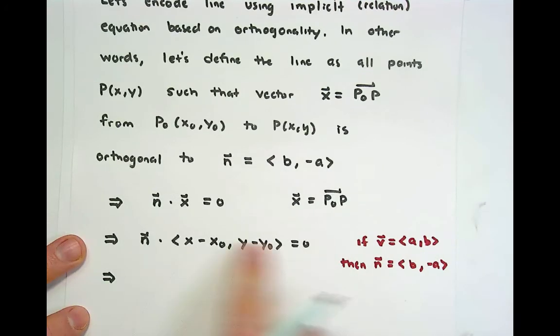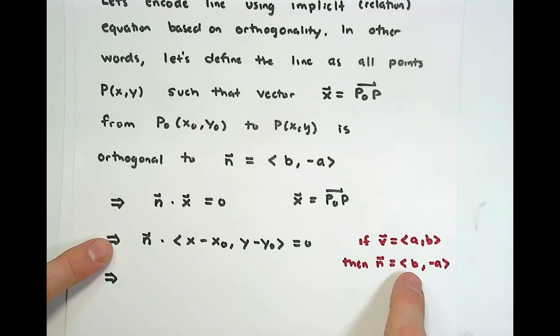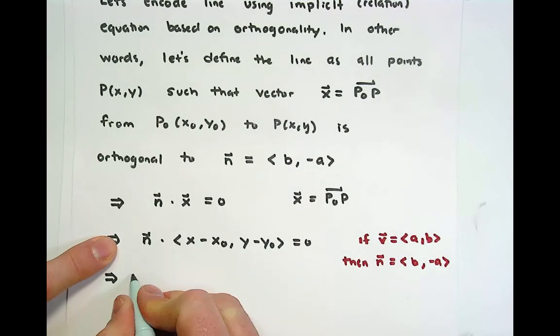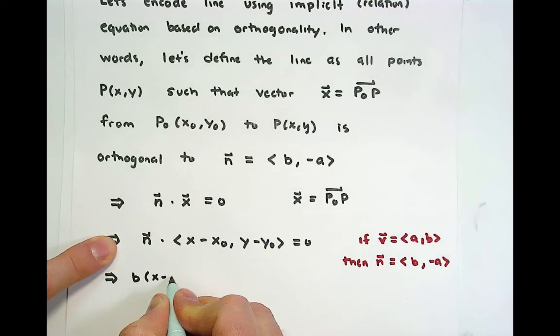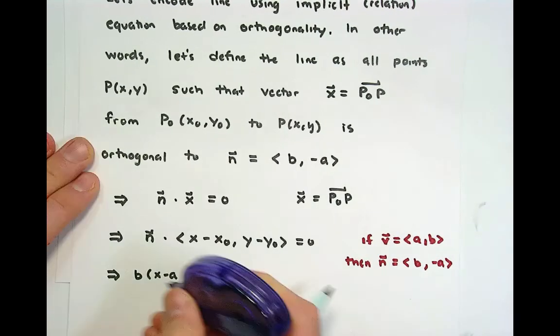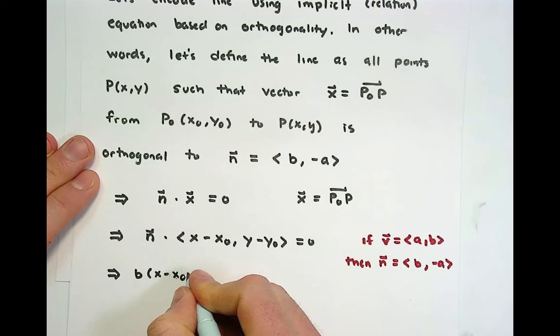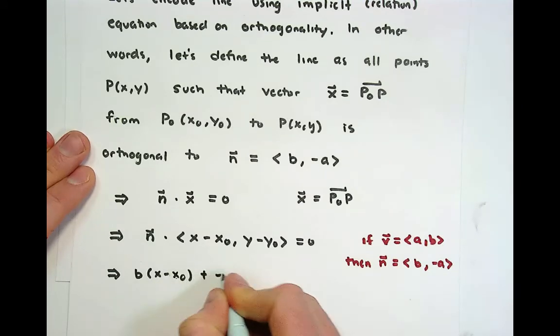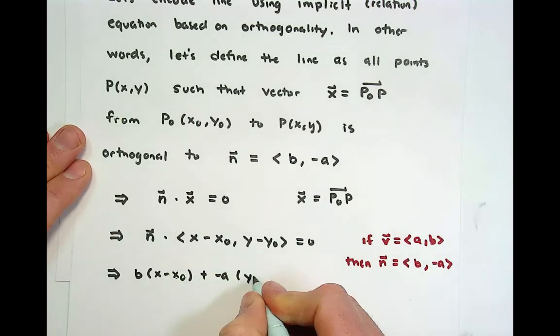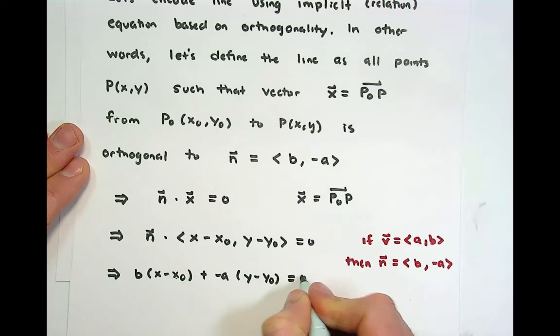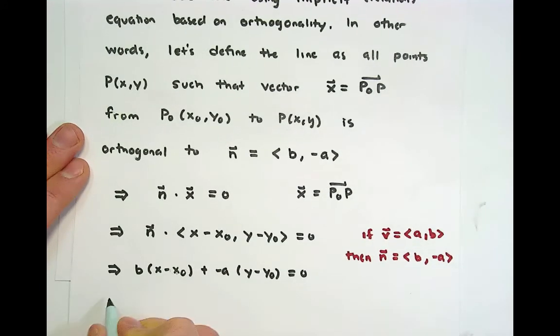So when I go ahead and substitute that in and do the calculation out, I would get something like b outside of x minus x naught plus negative a outside of y minus y naught equals 0.